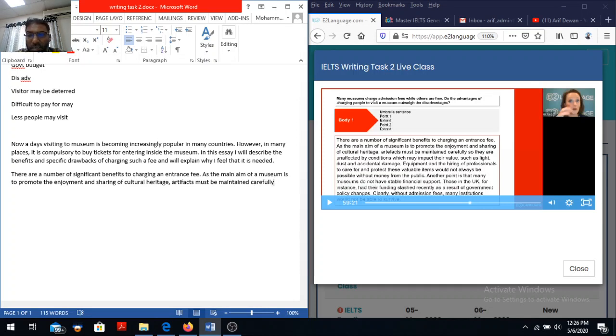First one the umbrella sentence, then point one, then extend, point two, extend. So here is point one, we're extending.